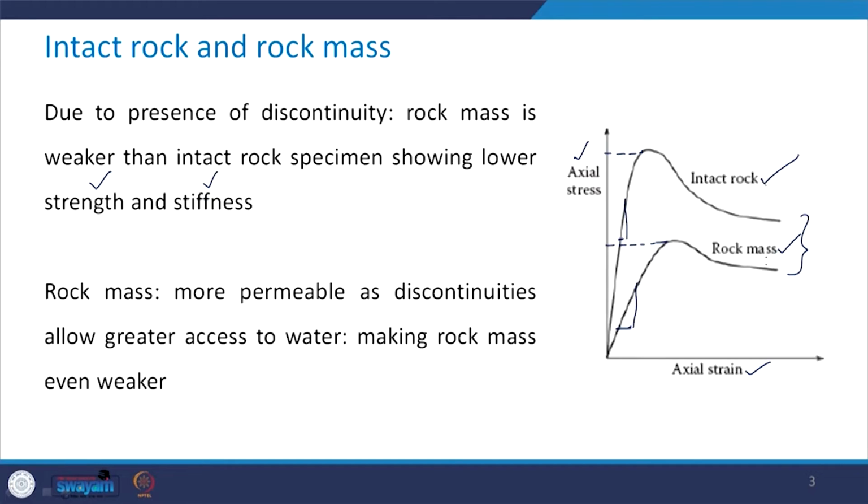Because of the presence of the discontinuities, rock masses are more permeable and therefore they allow greater access to the water, and you know that in the presence of the water rocks get weaker. So that is another reason that rock mass are weaker as compared to the intact rock.